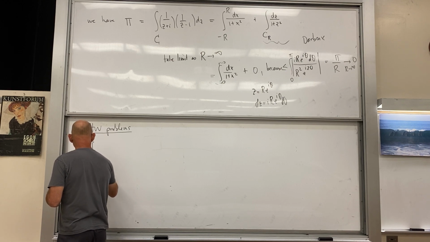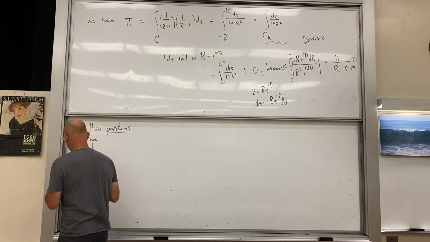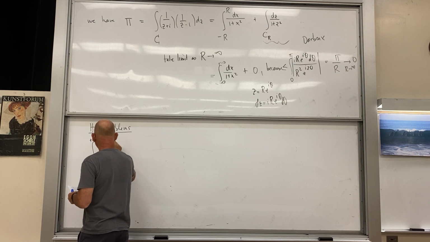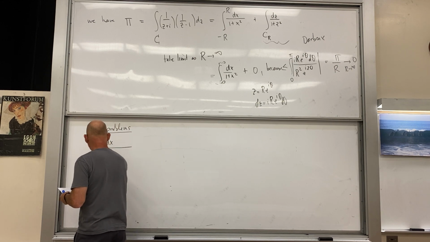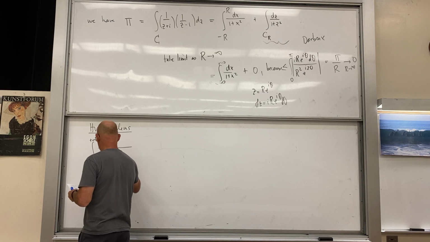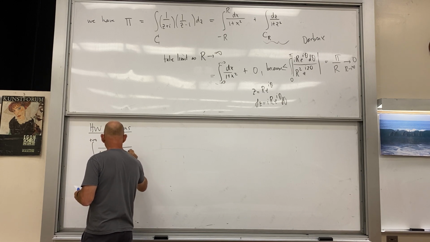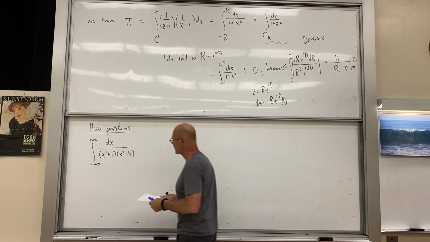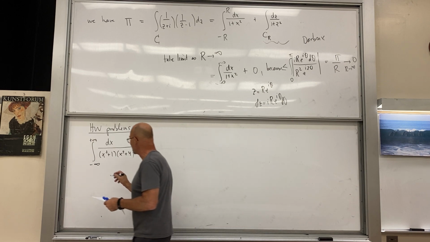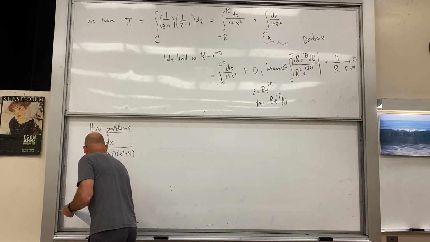So we're looking for the integral from minus infinity to plus infinity of dx over x squared plus 1 times x squared plus 4. Okay. And the second one here is based on the same integral.